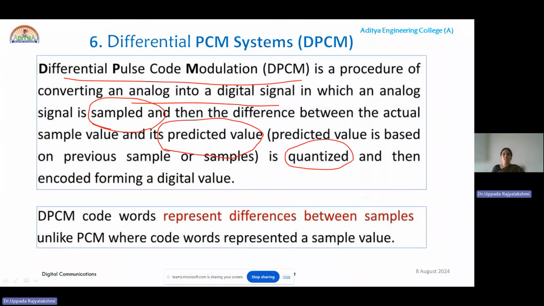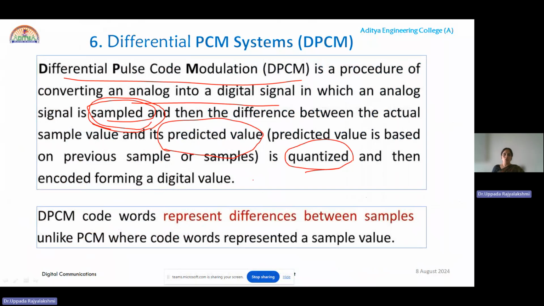But in the case of PCM, whatever samples are obtained at each and every instant, all those values will be quantized without considering the redundancy effect. It will quantize all the samples and then encode. So forming redundancy, it uses a large amount of bandwidth.